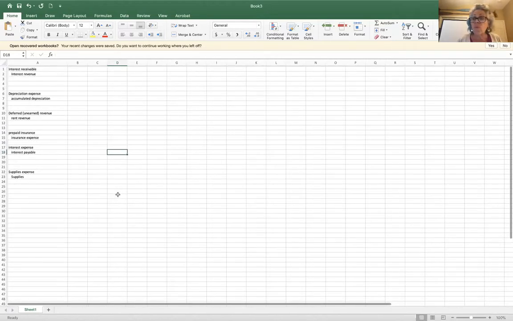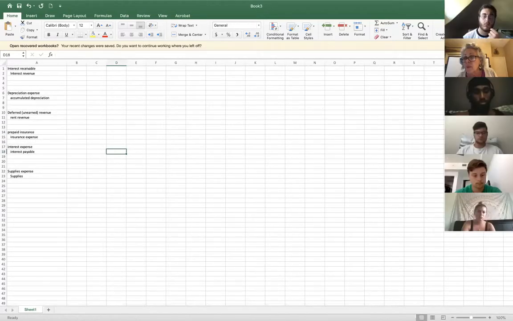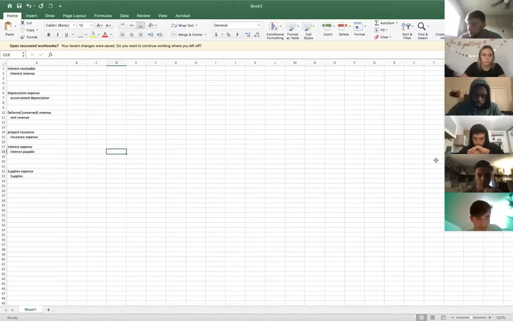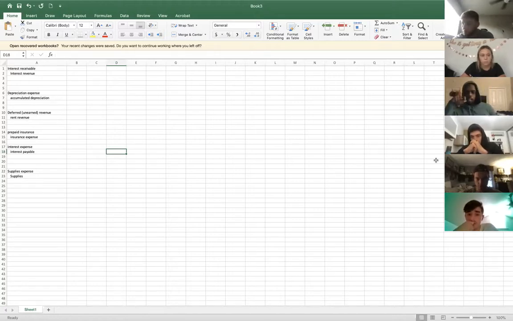We know that the formula for interest is principal times rate times time. And remember that the interest rate is always an annual rate unless stated otherwise. So it's very important to remember that when we multiply principal times the rate, we get interest for 1 year. Okay, let's take a look at the journal entry.